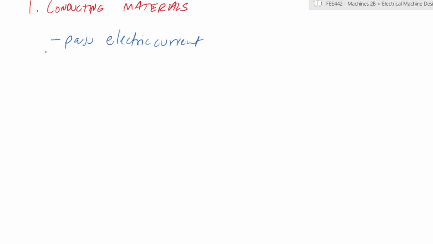These are the most common materials. They're used in windings and, of course, any other conductors within the machines. The main types of windings or other conducting materials that are used, we generally have copper or aluminium.